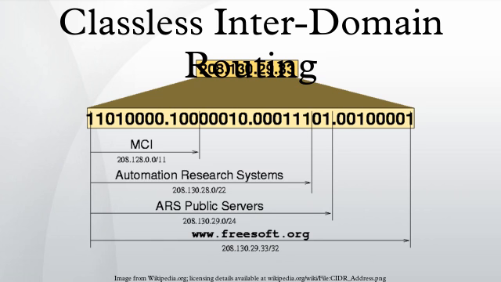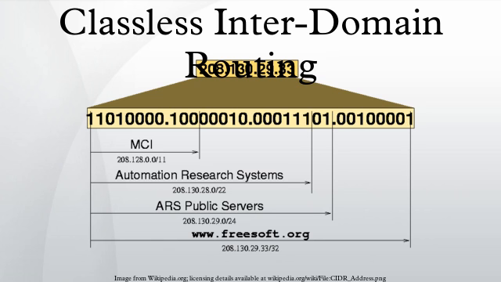CIDR encompasses several concepts. It is based on the VLSM technique with effective qualities of specifying arbitrary length prefixes. CIDR introduced a new method of representation for IP addresses, now commonly known as CIDR notation, in which an address or routing prefix is written with a suffix indicating the number of bits of the prefix, such as 192.168.2.0/24.